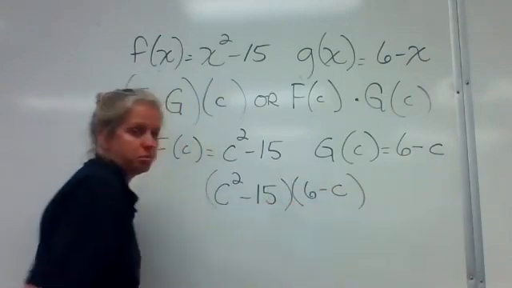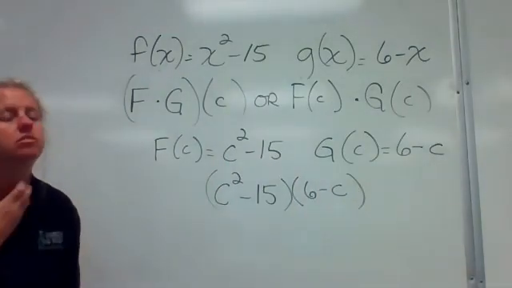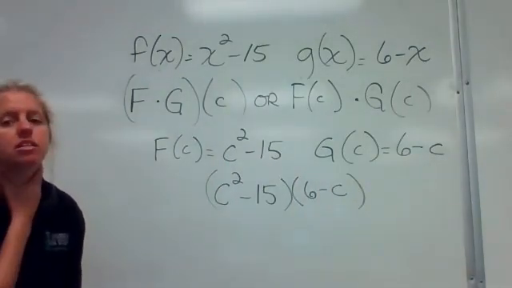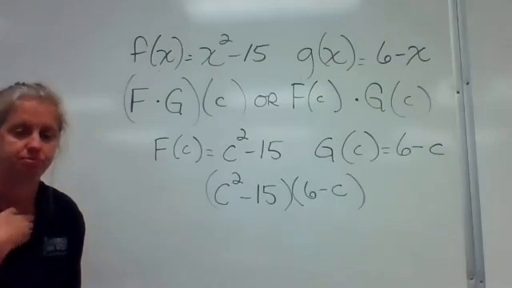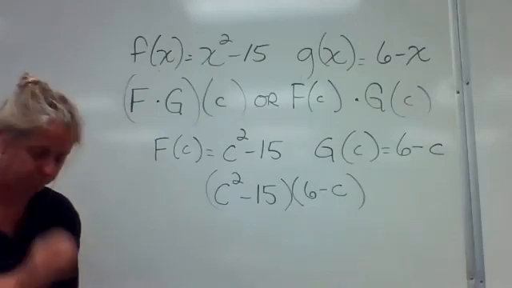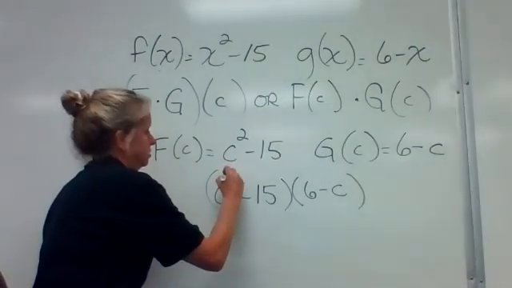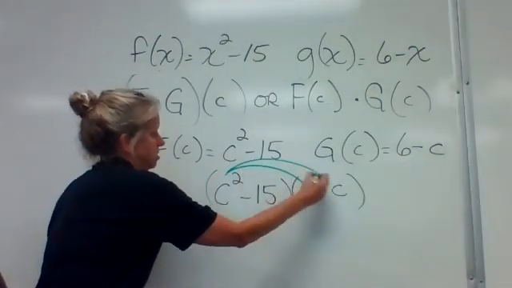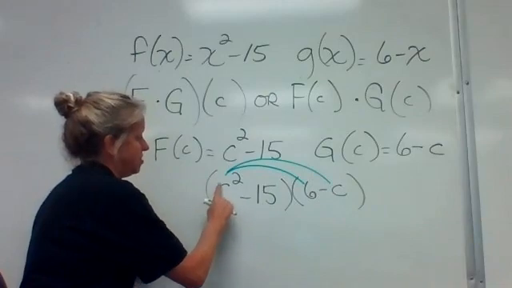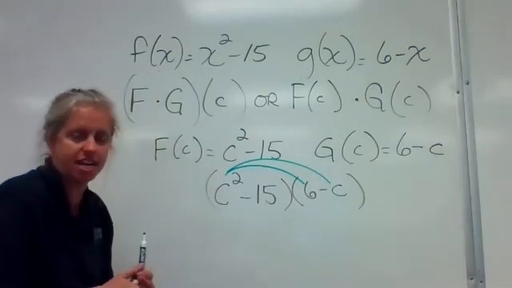So just like earlier, we're going to be doing that FOIL. This one's weird though. So I'm going to distribute the c squared to both of these. So let's see. The first thing I have is c squared times 6.